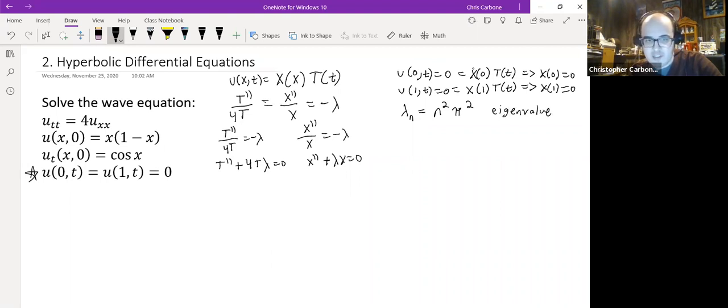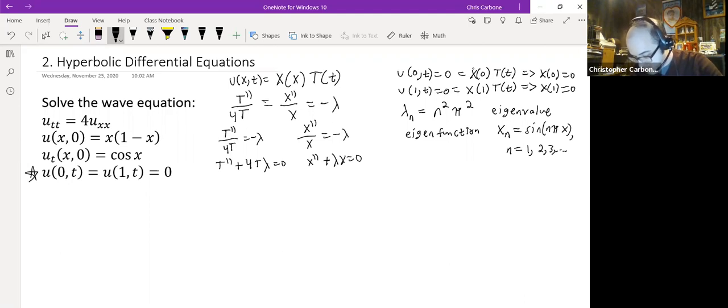The associated eigenfunction is going to be X sub n is equal to sine of n times pi times x. And this is where n is 1, 2, 3, and so on.